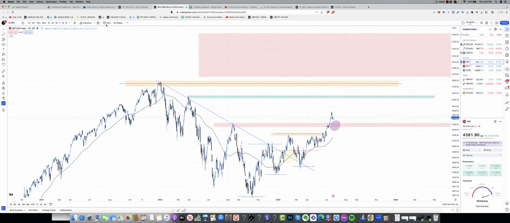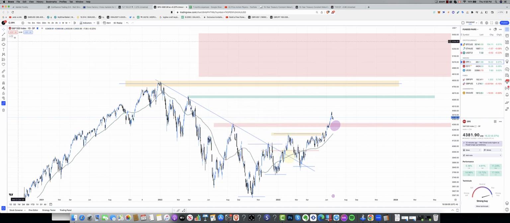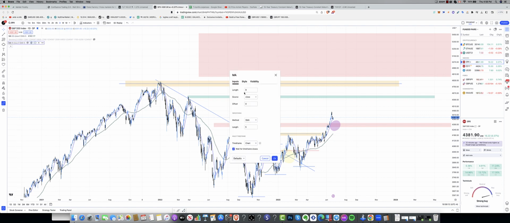If we look at the moving averages, let's see what the 50 and the 200 are. So are we above the 50? We're above the 50 day. And are we above the 200 day?